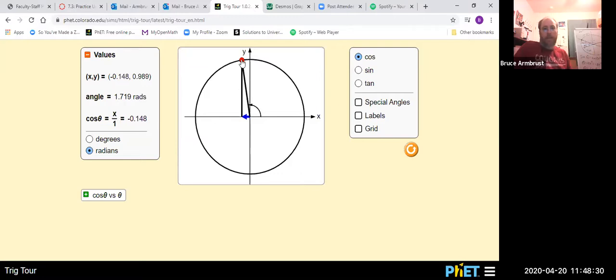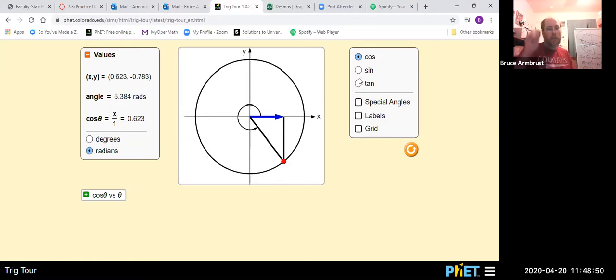So we saw it was negative in quadrant 2. It's still negative in quadrant 3. Once we get to quadrant 4, though, it turns positive. Right? So we are positive in quadrants 1 and 4, and so on. So we can see the same kind of patterns with tangent and sine if we were to go to those specifically.